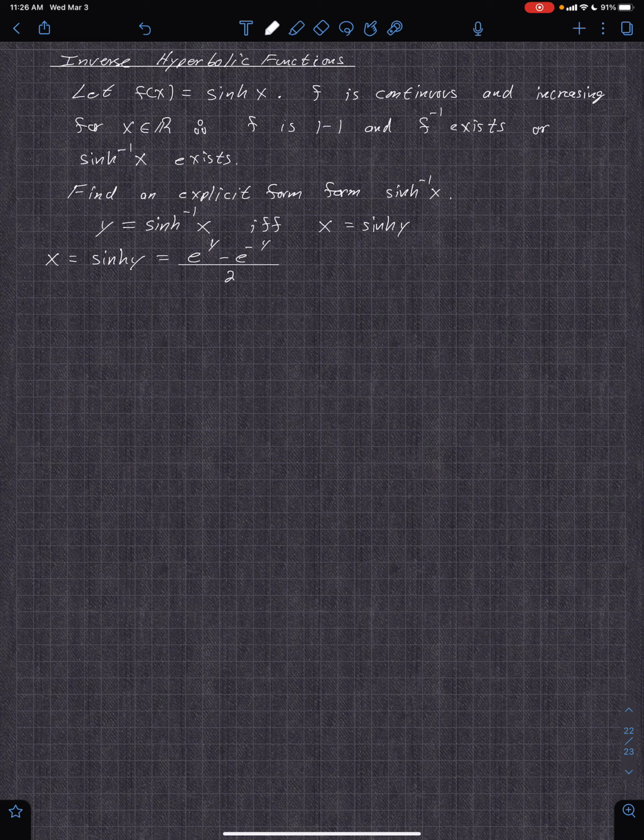Let's multiply both sides by 2, just simplifying. So 2x is equal to e to the y minus e to the negative y. Now let's set this equal to 0: if and only if e to the y minus 2x minus e to the negative y is equal to 0.